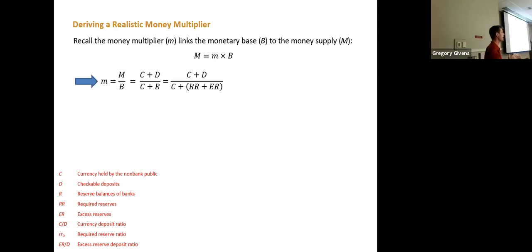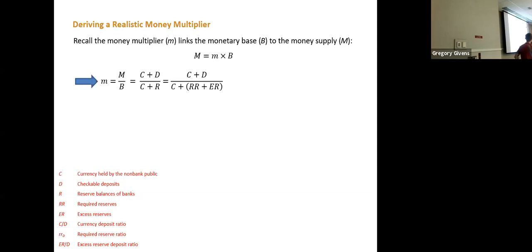Now, here is a step in this derivation that may not be completely obvious at first sight. Remember, what we want to account for in our money multiplier process are people's preferences for their currency holdings relative to how much they want to put in their checking account balance. That is really what we care about: the ratio of currency to deposits.